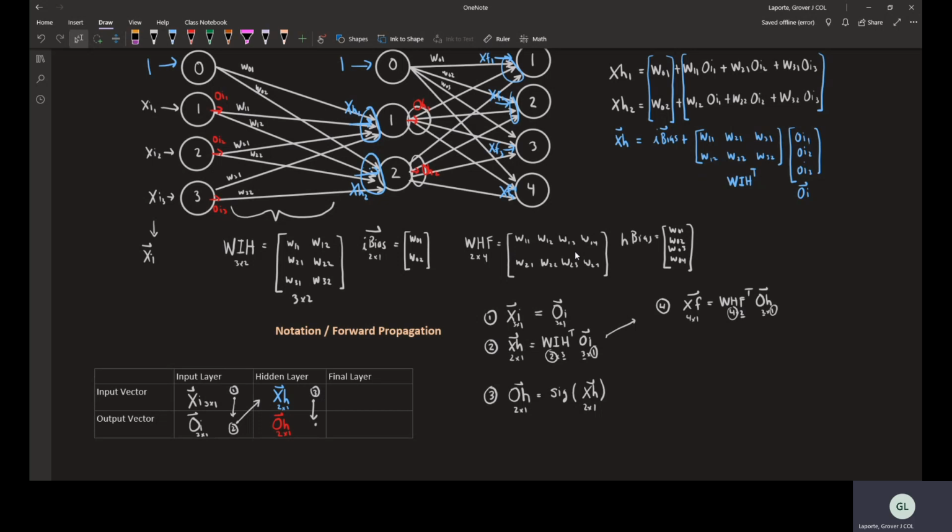So to go from OH to XF, which is a 4 by 1, we're going to do the calculation number 4 over there. And then the final one, calculation number 5, is simply what's coming out of the network. So this will be OF1 through 4.